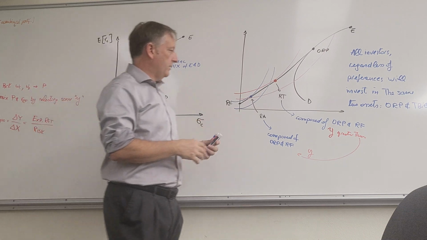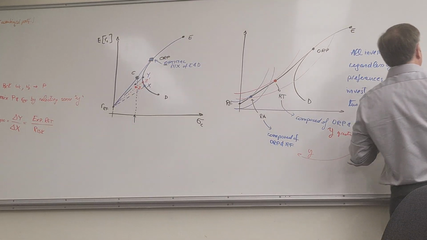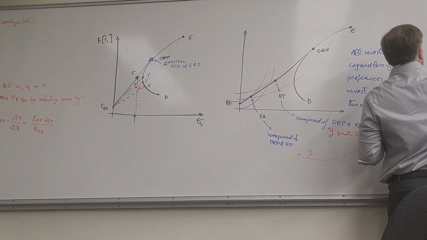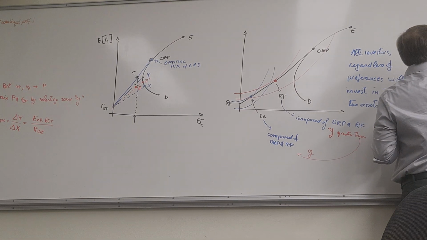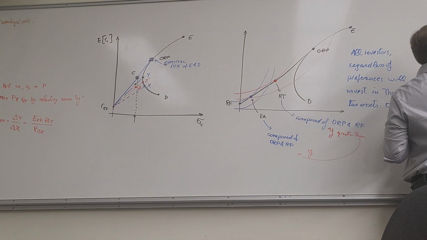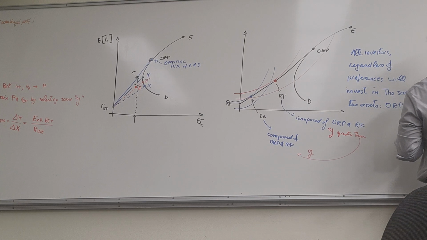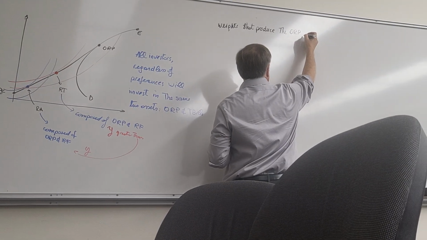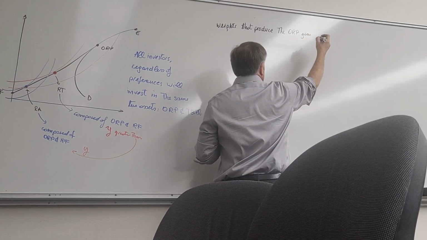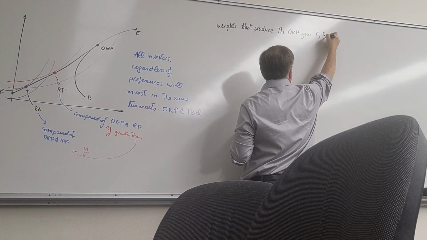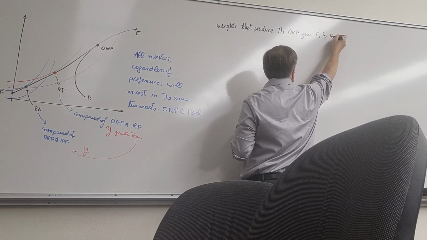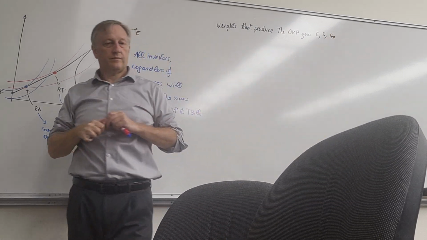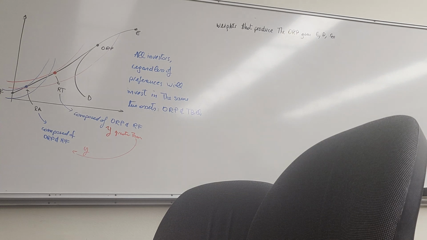So let's figure out the weights that produce the optimal risk portfolio given equity, debt, and the risk-free rate. So we said, what is the logic to figure that out?